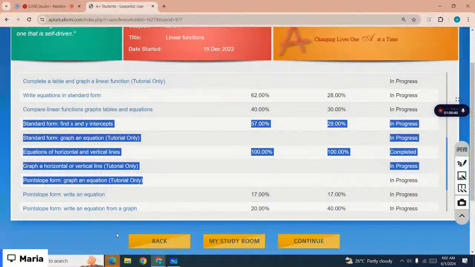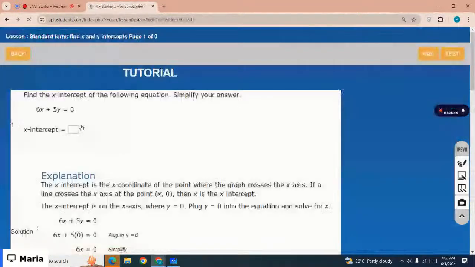Let's start with the first lesson, standard form find x and y intercepts. Find the x-intercept of the following equation.